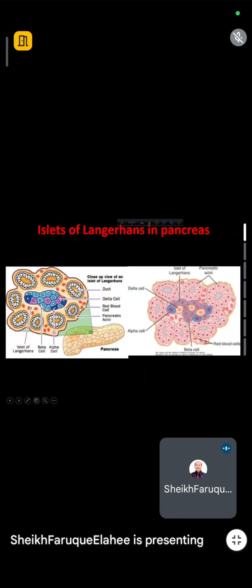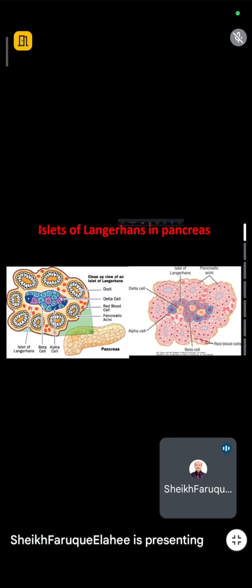Here we see the microscopic structure of the pancreas. You know, the pancreas is a combined gland, a combination of exocrine gland and endocrine gland. It is a mixed gland.